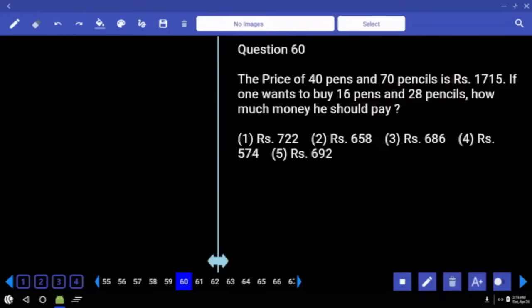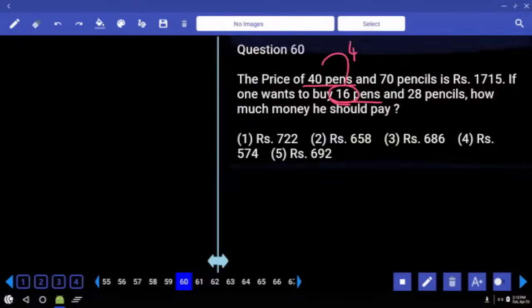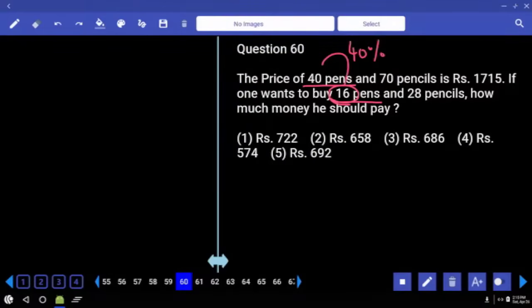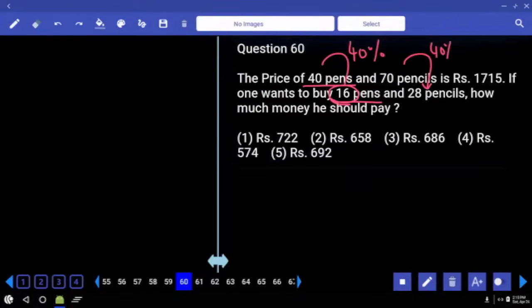Let me keep some relation with respect to 40 to 16. 16 is 40% of 40. Are you okay with this? Because pens are now 40%, if pencils are also equal to 40%, then we can answer the question. Otherwise the answer is cannot be determined.